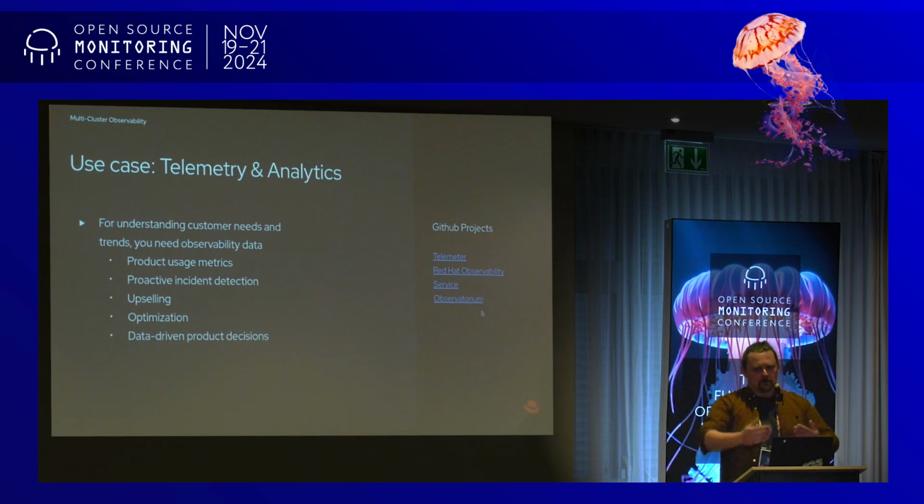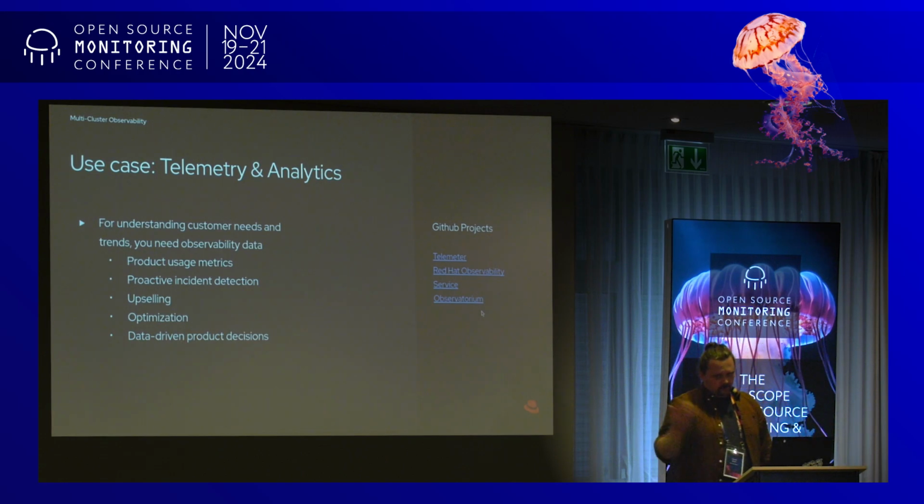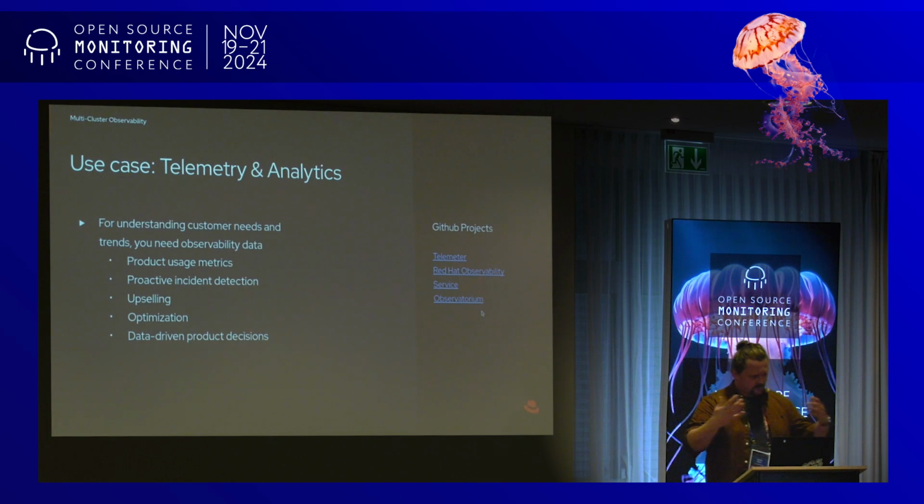If we see things are going wrong for a customer, we can help them proactively. We can use that data for upselling. So if we see this customer is also always using their resources at the limits, we can suggest maybe scaling. We can use it for optimization. People waste their resources, we can suggest to optimize their stuff.